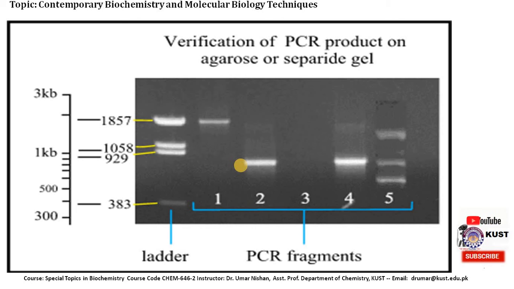I will talk about this in detail in the coming lectures, but this is just to tell you that PCR reactions are followed by gel electrophoresis to confirm whether we have successfully amplified the required DNA or not.